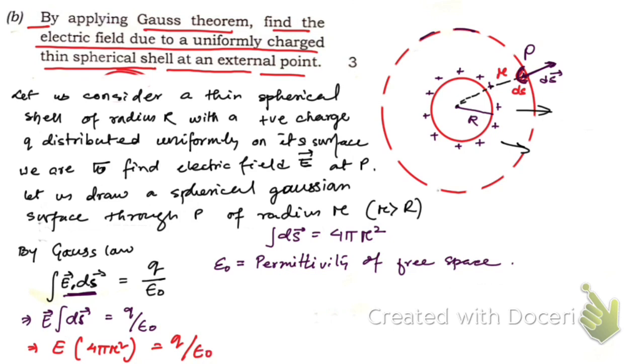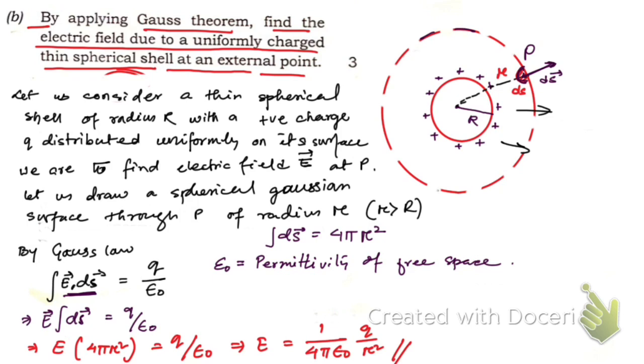This implies E is equal to 1 by 4 pi epsilon naught times q by r square. So this is the answer. Hope you have understood this. This is the required result.